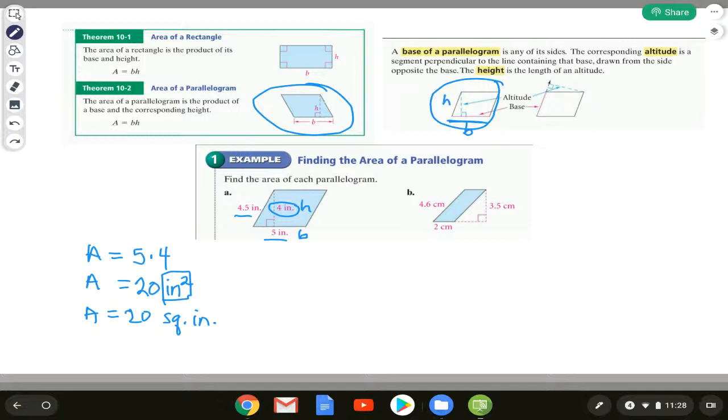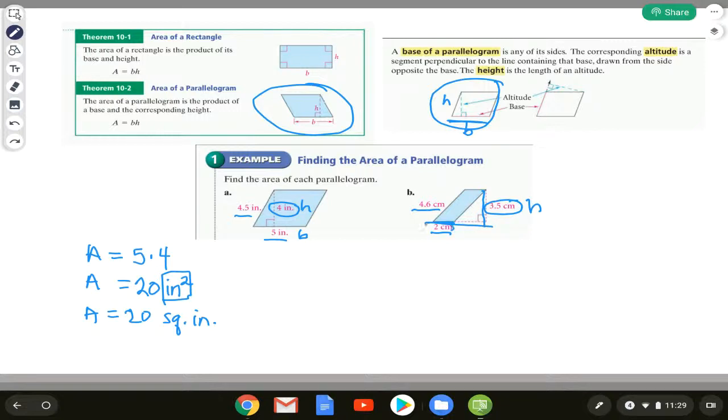Okay, so part B is another parallelogram. I'm given a side that's 4.6 centimeters and a side that's 2 centimeters. I need to decide which one I'll be using for my base. So I look at the altitude, 3.5 centimeters. That's my height. It is drawn to the line that includes the bottom side, and so that will be my base.